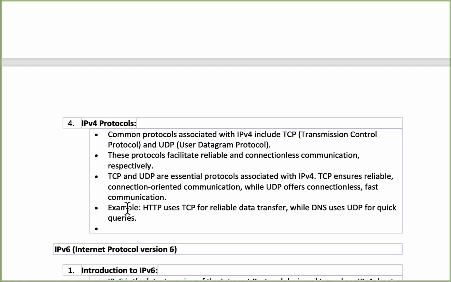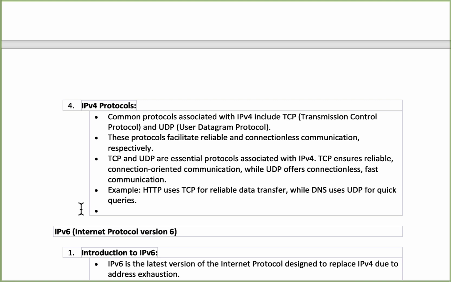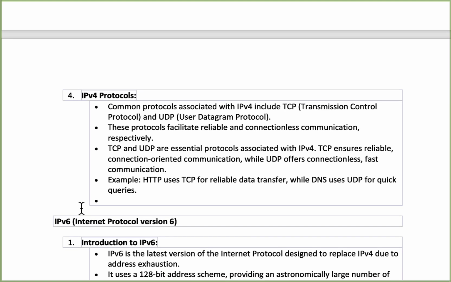HTTP, your Hypertext Transfer Protocol, uses TCP for that data transfer connection, while DNS uses UDP for quick queries. As we know, DNS does not have to have that direct connection; it's using it from a broadcast standpoint. So those are some ways that TCP and UDP are used within a networking environment.